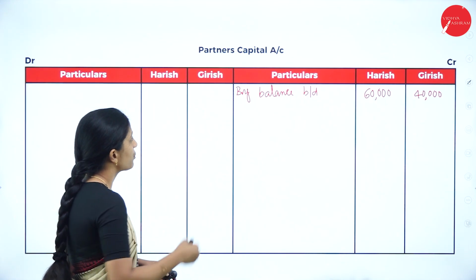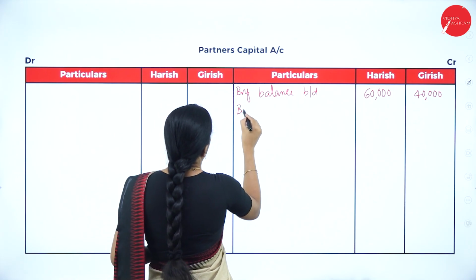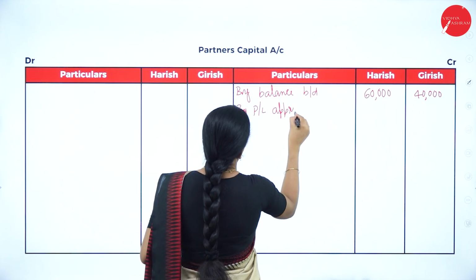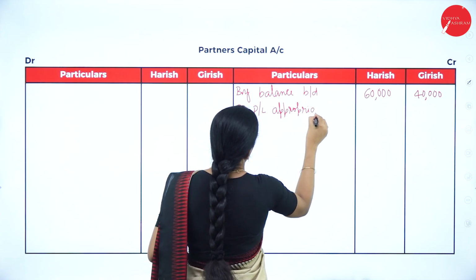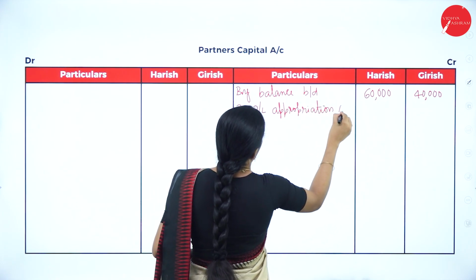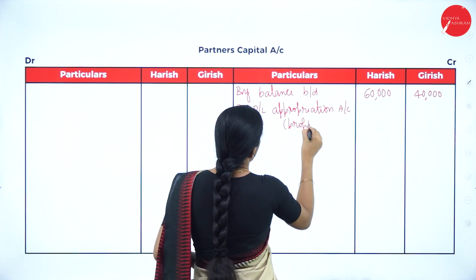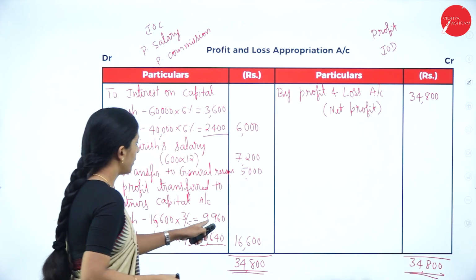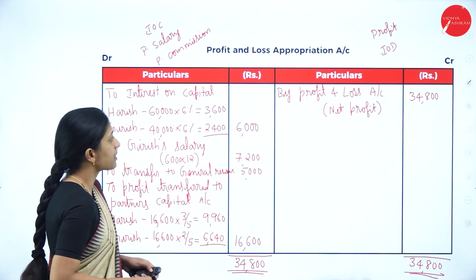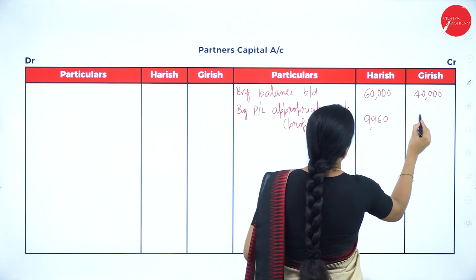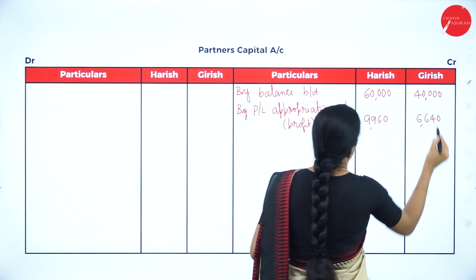Next, you will transfer the profit of your profit and loss appropriation account. So, this is profit. So, we will record in the credit side by P&L appropriation account, in the bracket profit. So how much did each partner get as profit? 9,960 and 6,640.